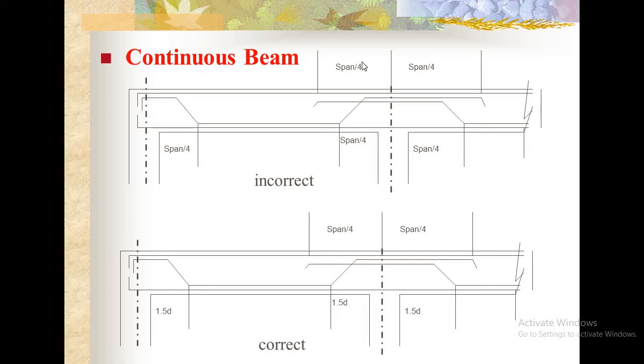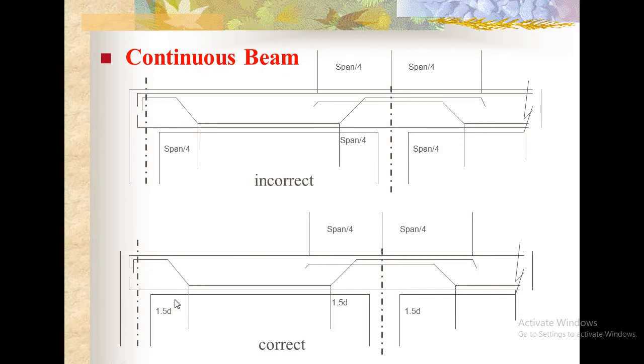Watch carefully: the reinforcement starts from here, comes to here, then is bent up to the top, and extended to the next span up to span by 4. Likewise the bottom bar is bent up and embedded like this one. This is the way we normally provide the reinforcement in a continuous beam.